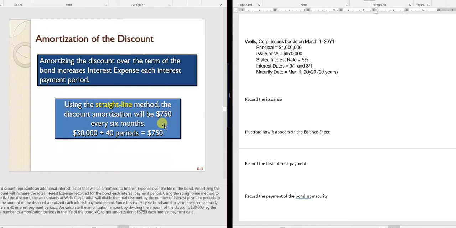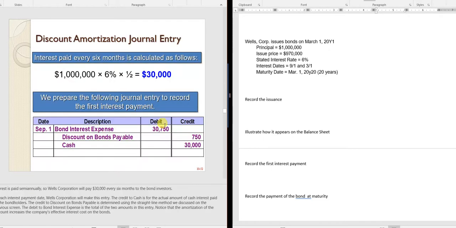Okay, so I'm going to get rid of it, $750 each period. So I'm going to credit cash for $30,000, the amount that I wrote up here I'm paying. Notice in your original entry up here, you debited discount, so now I'm amortizing it or getting rid of it at $750 credit. So that means my bond interest expense is a debit for $30,750.